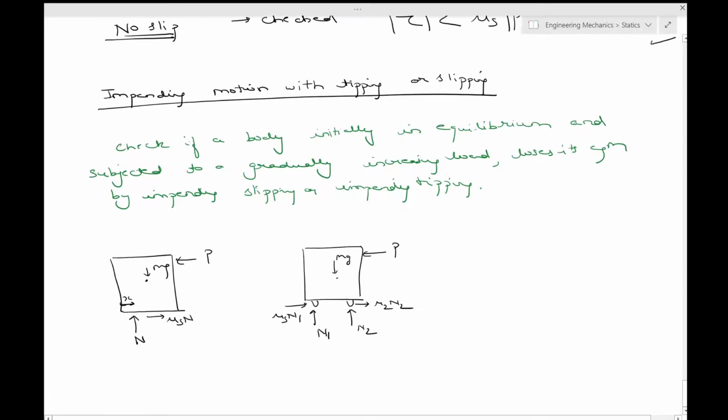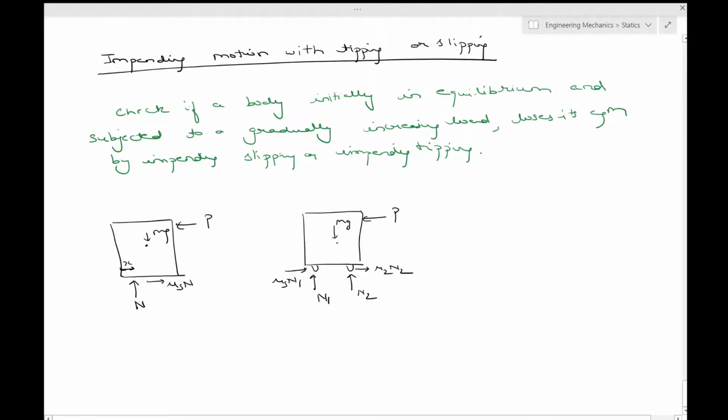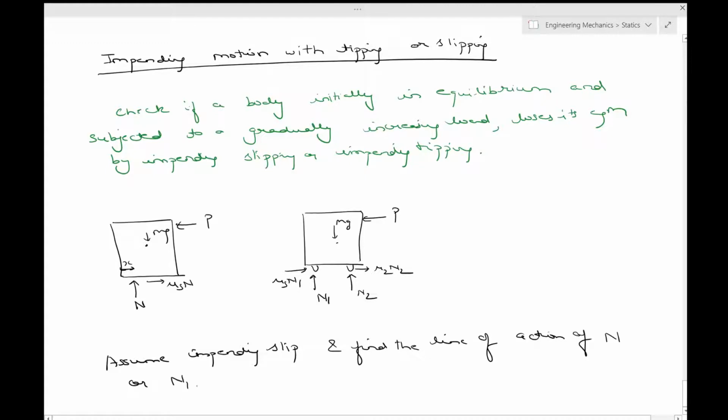Now the way to go about this is to assume impending slip and find the line of action of N, or N1 and N2.